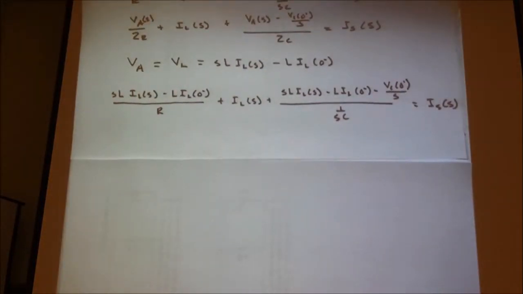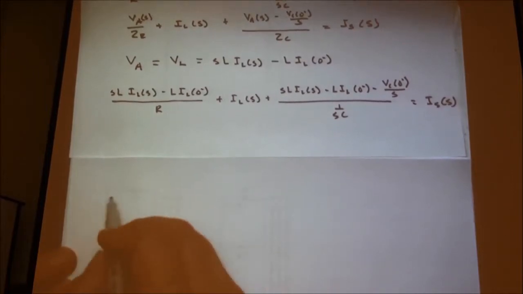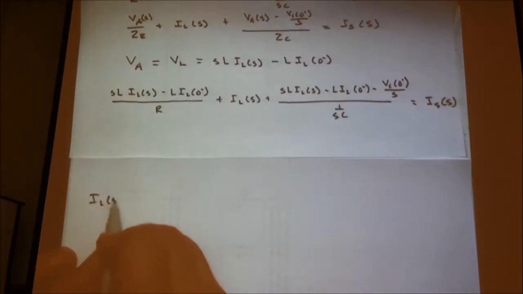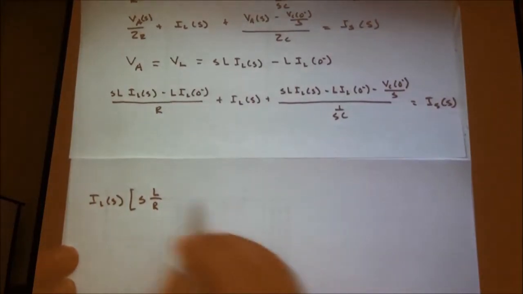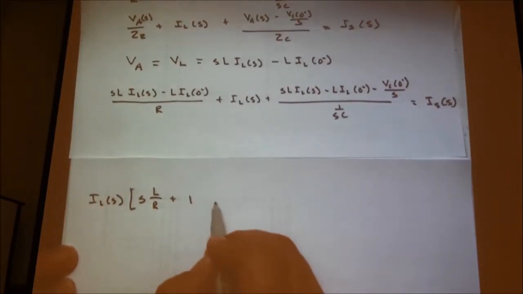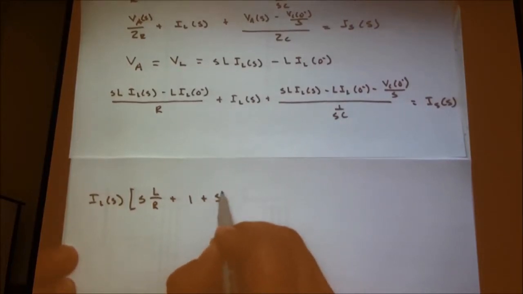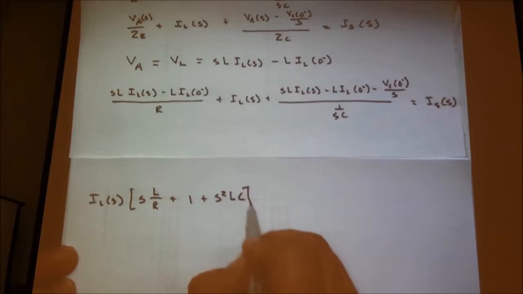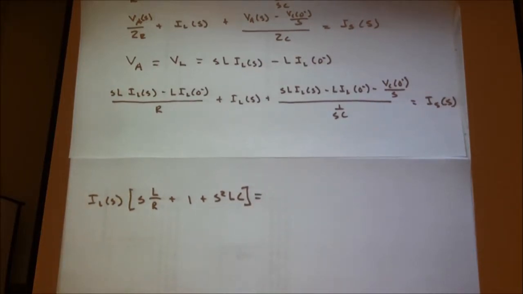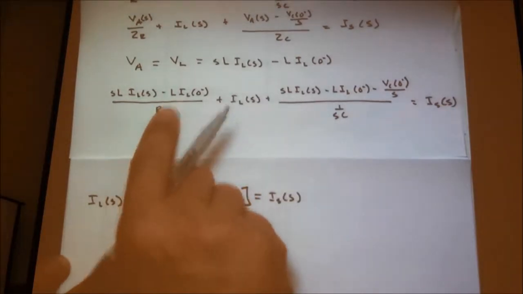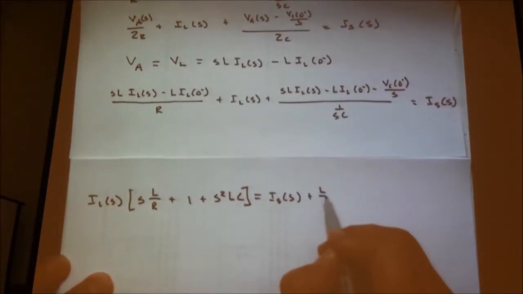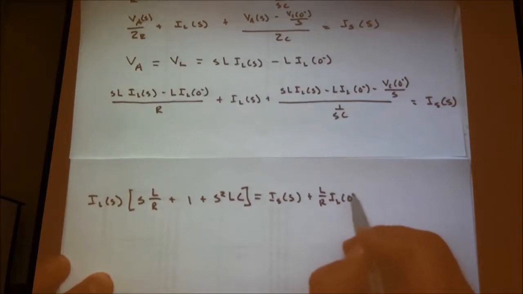And so we can collect some terms. So we wind up with I_L(s) times sL over R plus 1 plus s squared LC. There's our left-hand side. We're going to move all the source terms to the right-hand side like we've done before. There's our I source of s. There's a source term, so plus L over R, I_L(0-).